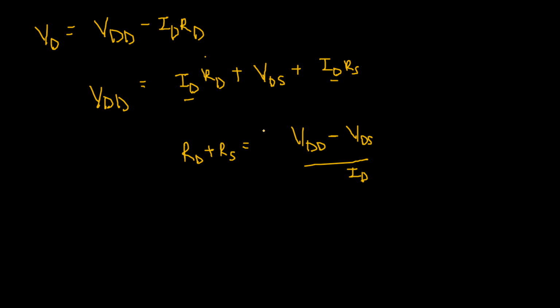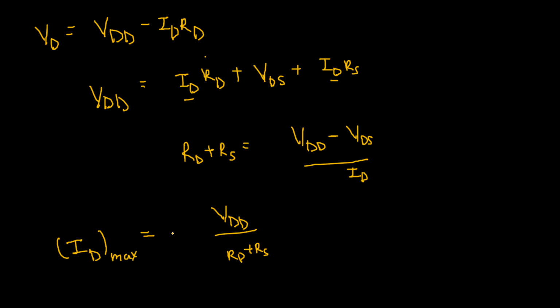Right. So here again, like we did for VCE and IC max, I need to see the value of ID max and VDS max, because I need to plot it on the load line, right? So ID max is given by VDD divided by RD plus RS.